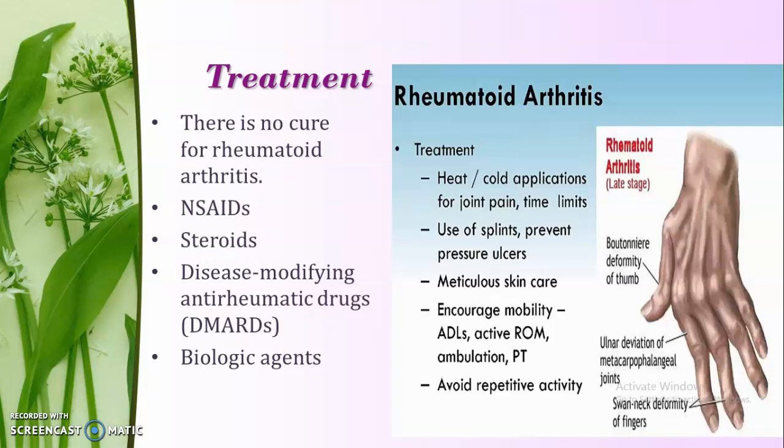There is use of biological agents, and heat and cold applications may also be effective for the treatment of rheumatoid arthritis. Patients may use splints, prevent pressure ulcers with meticulous skin care, and be encouraged toward mobility, ADLs, active ROM, ambulation, PT, and avoiding repetitive activity.